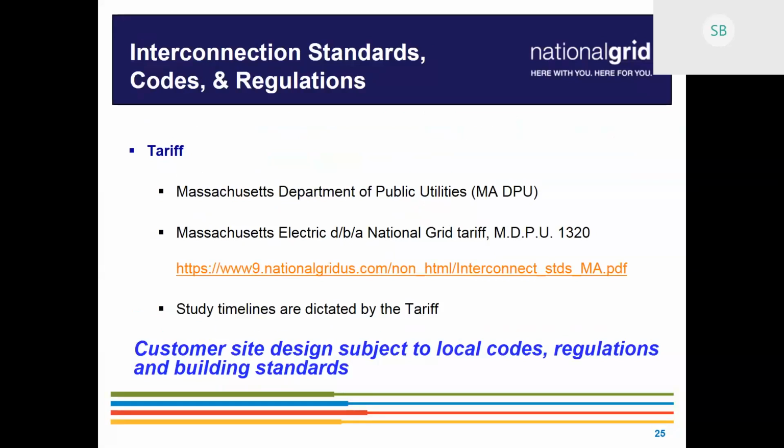So in terms of the impact study, we have two major milestone requirements that we look for. We have a 20 business day review, where we would get as far as we can in the analysis in 20 business days, and we'd come back to you with major system modifications that are known at that time.